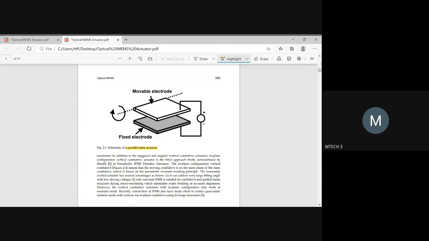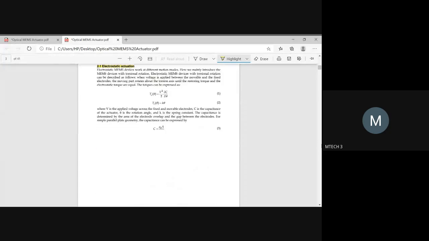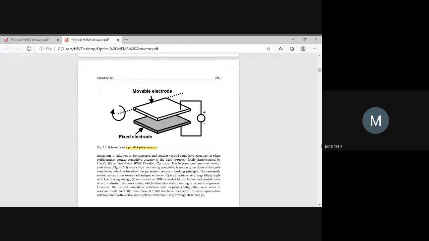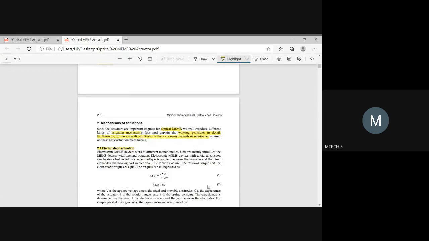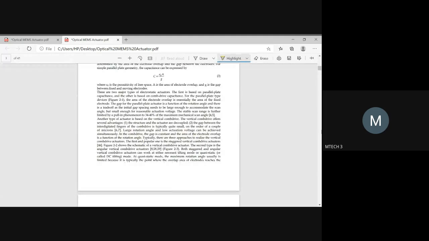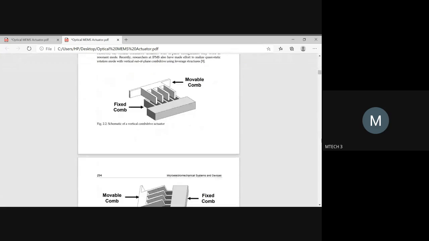So for the first kind of electrostatic actuation, we will go with parallel plate actuators. Suppose you are not connecting in parallel and you go with an electrostatic actuator blindly without knowing the working principle, will that work? No, you will end up with a problem. So you should know the need or requirement and the principle both together.